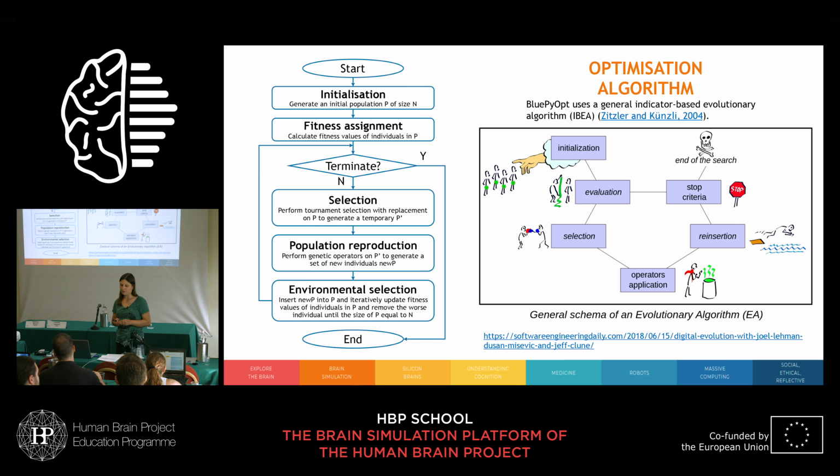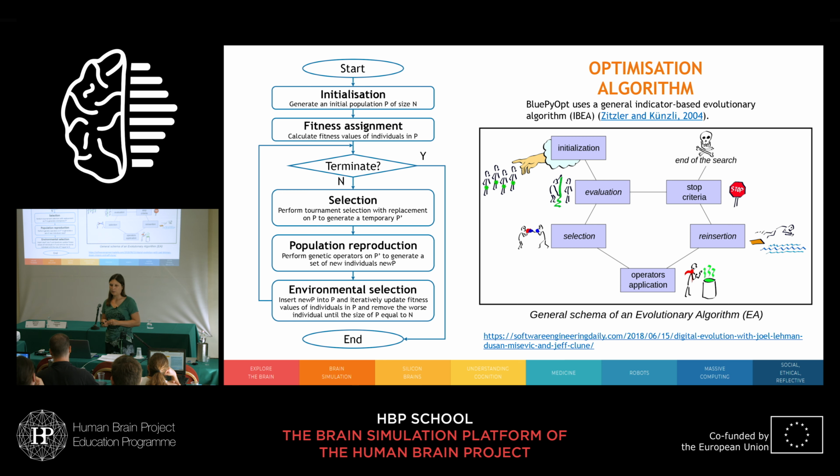The optimization algorithm, BluePyOpt, uses a general indicator-based evolutionary algorithm called IBEA. And like any genetic algorithm, it has an initialization step. A population of size n is generated at the beginning. Then for each individual in the population, a fitness value is calculated. If it doesn't reach the stopping criteria, it does a selection first. Tournament selection is performed with replacement on this population to generate a temporary population.